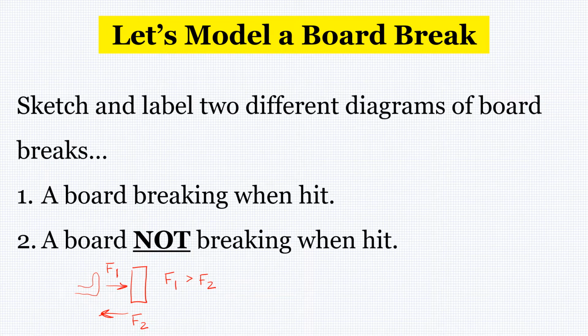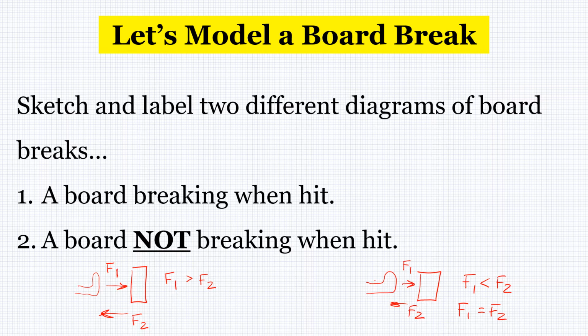In the second scenario, when the board's not breaking, again, here's my hand coming at the board. Again, I've got F1 and F2. If it's not breaking, F1 is going to be less than F2. I could also say that F1 is equal to F2. In either one of those scenarios, like if I'm just putting my hand up against the board and leaning on it, the board's not going to break.